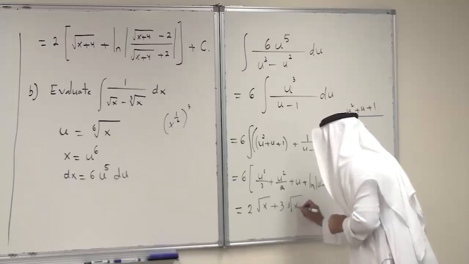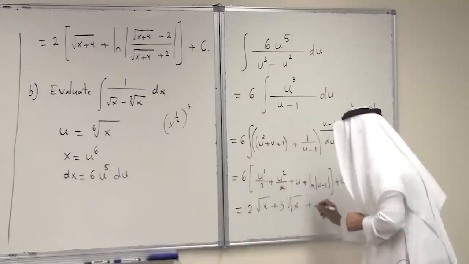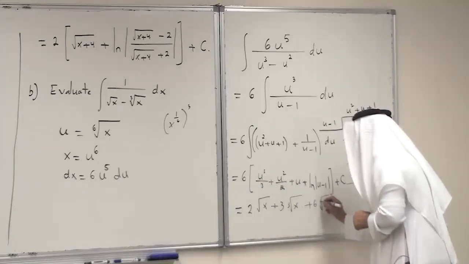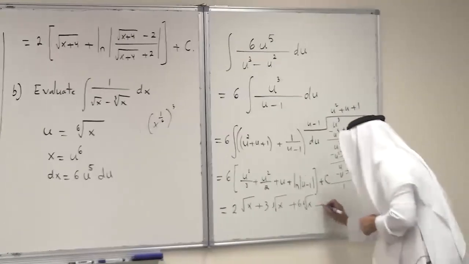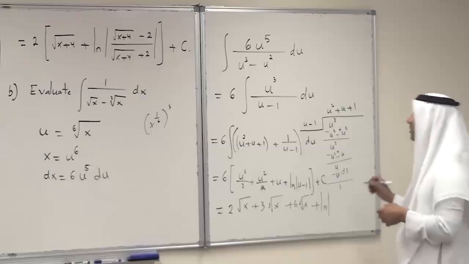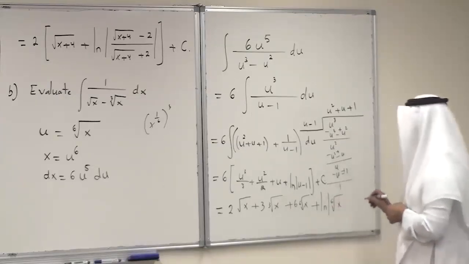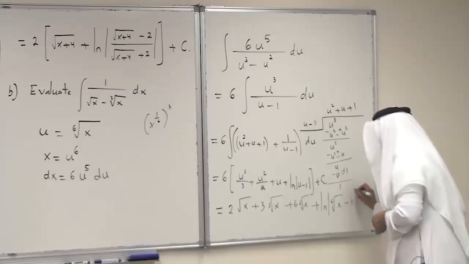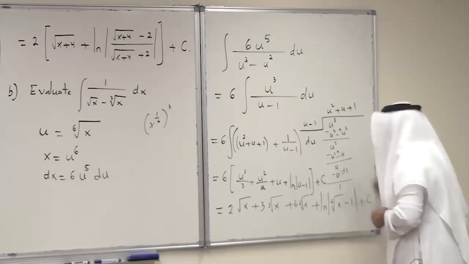And then I have plus 6u, that is 6 times the 6th root of x. And finally I have plus the logarithm of the absolute value of, of course I substitute back for u by the 6th root of x, minus 1 inside here, all of this, as we said, plus the constant of integration.